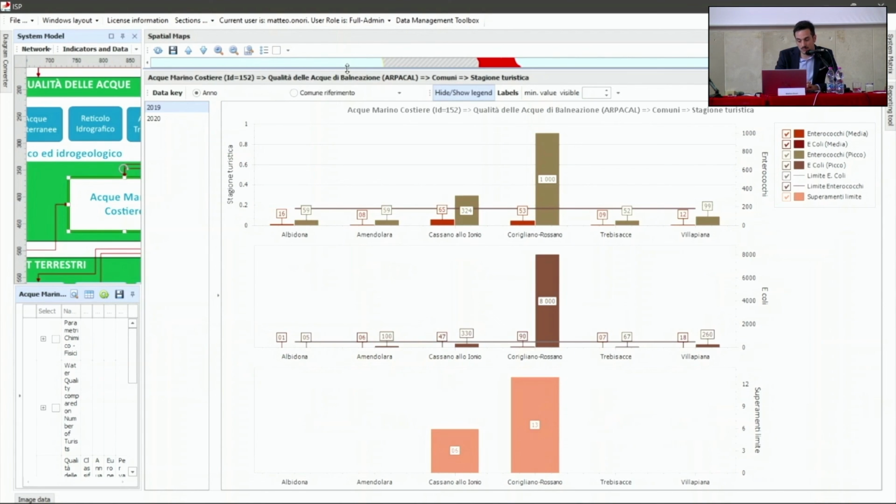This happened for two municipalities, which are Cassano allo Ionio and Corigliano Rossano. In the lower graph, I can see that the limits have been exceeded 13 times and 6 times during the summer period.